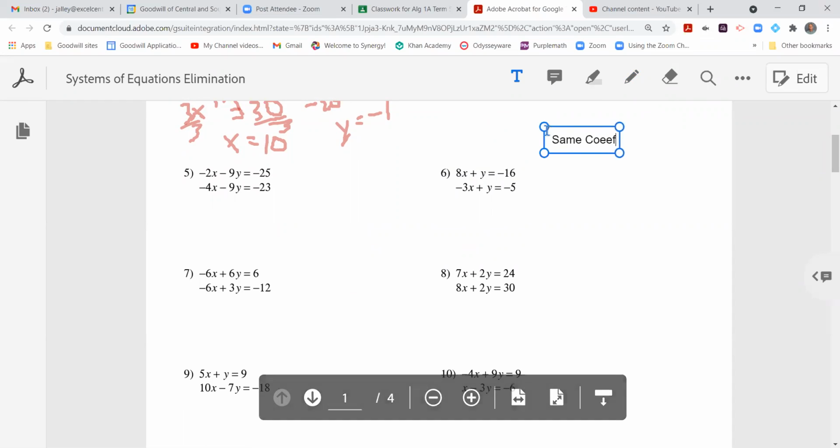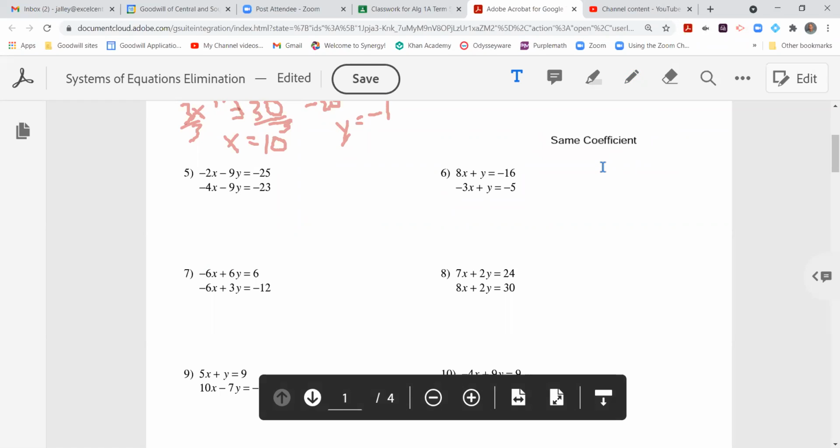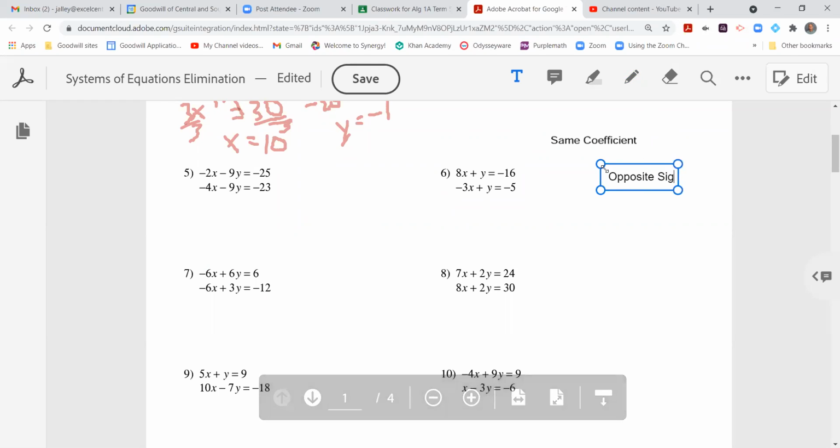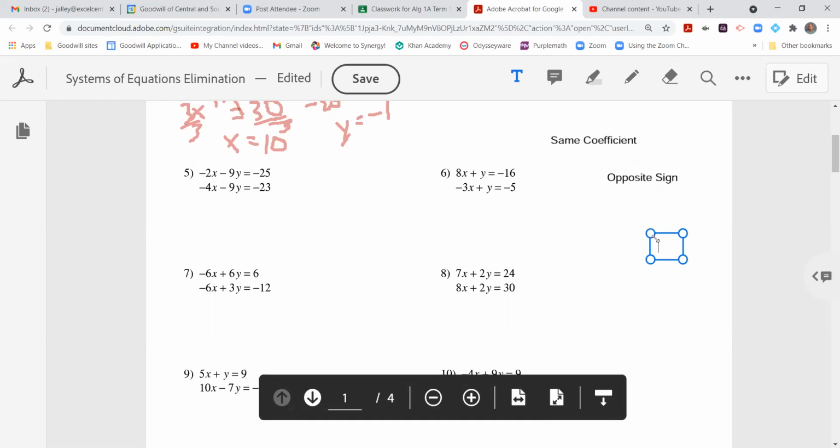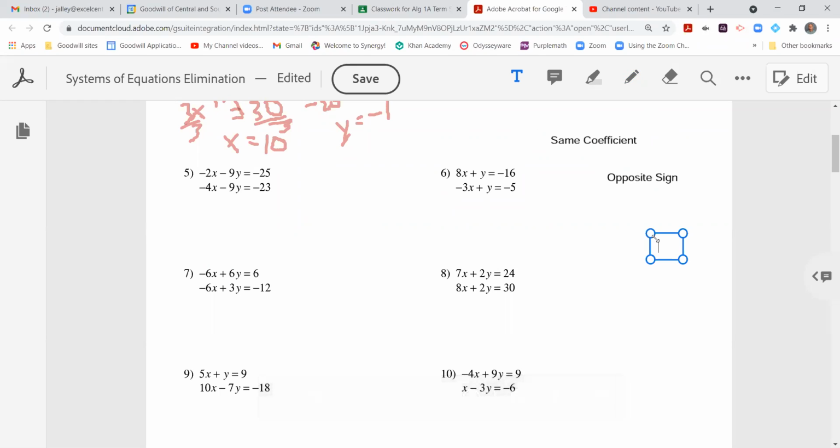Same coefficient. Opposite sign. We must have both of those in order to eliminate. Remember that coefficient is the number that modifies the variable.